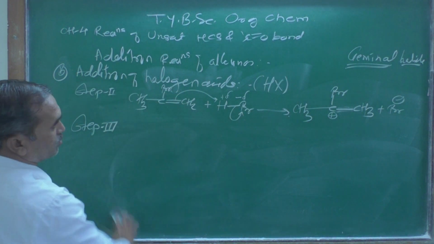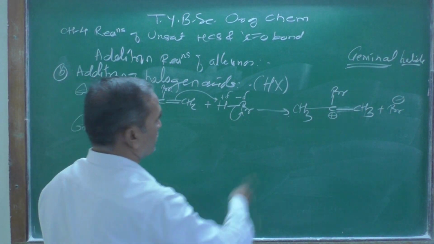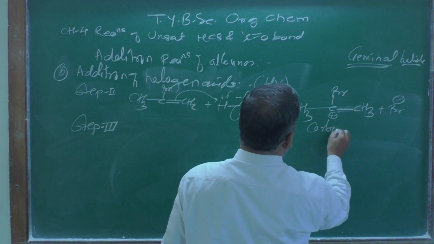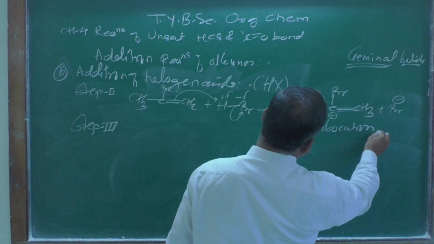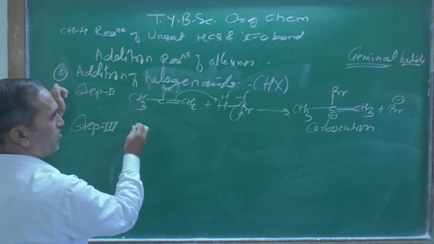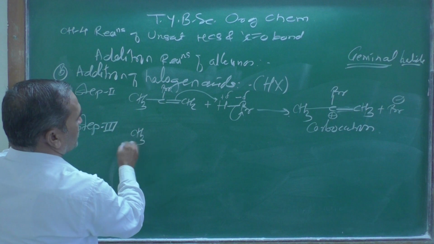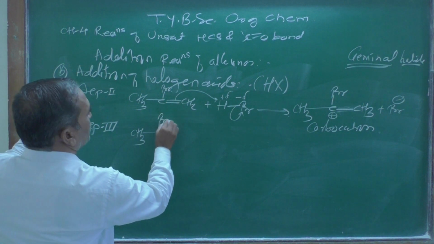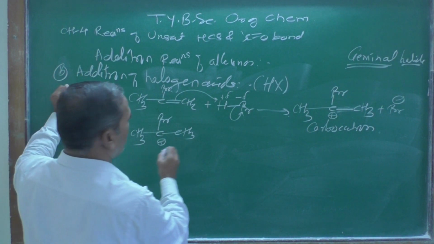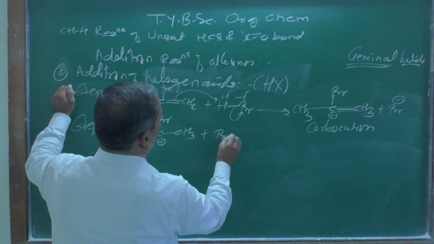What is going to happen here? This intermediate is a carbocation again. Carbocation is a short-lived intermediate formed in this case. And now CH3, then C, Br, CH3, positive charge over there, and this Br minus.